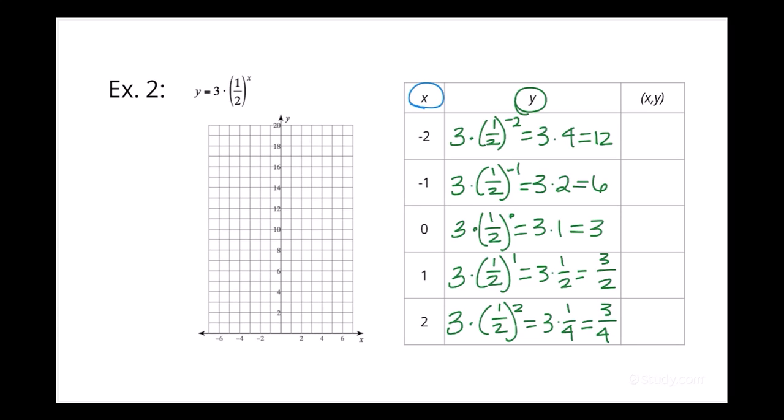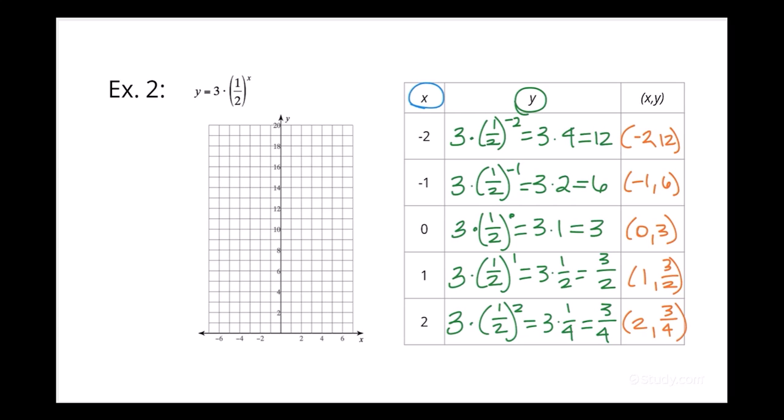Let's create our ordered pairs. We have negative 2, 12. We have negative 1, 6, 0, 3, 1, 3/2, and 2, 3/4.